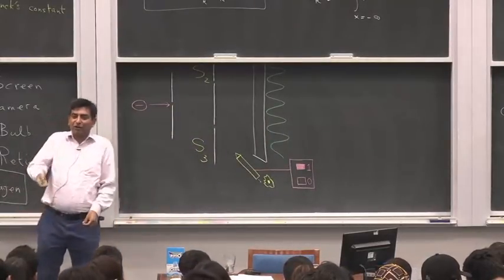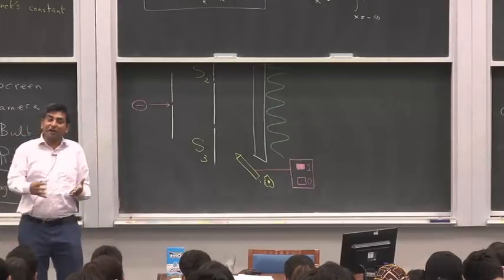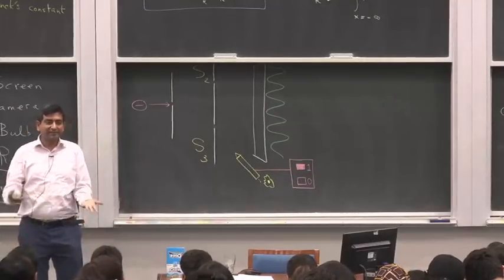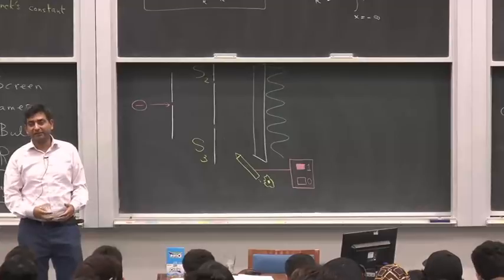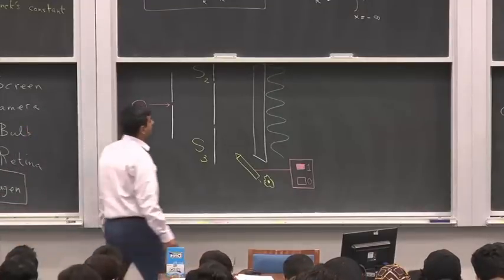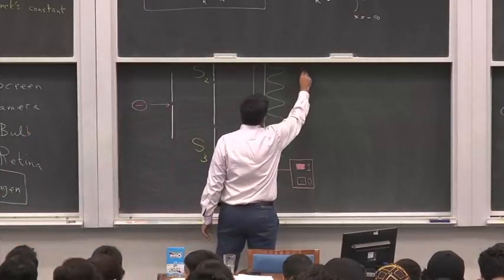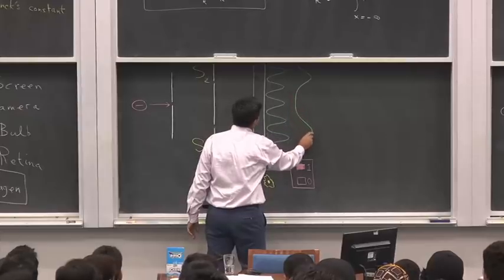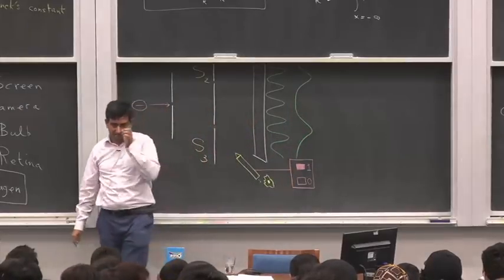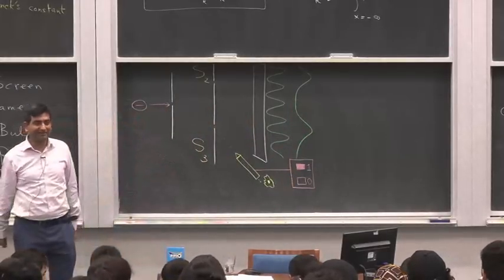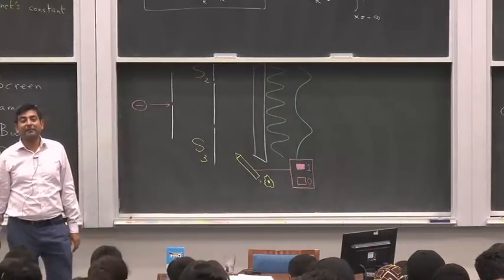Now the moment you turn on the telescope, you start observing and you run the experiment for a certain period of time, these fringes disappear and you get the bimodal distribution. You turn it off again, the interference pattern reappears.